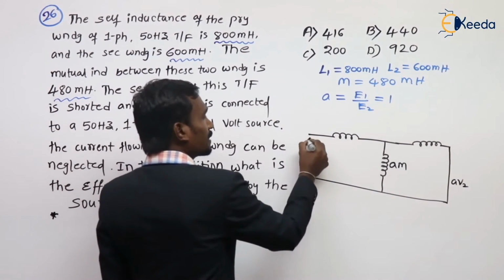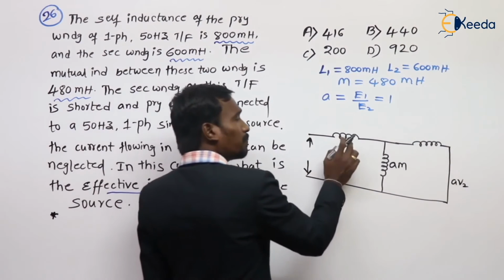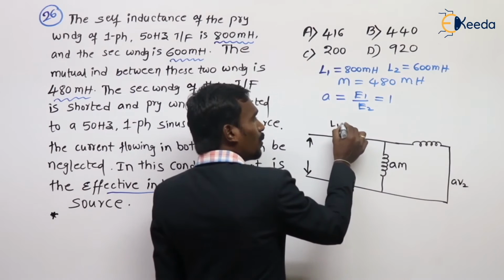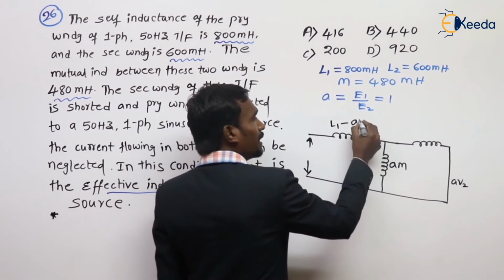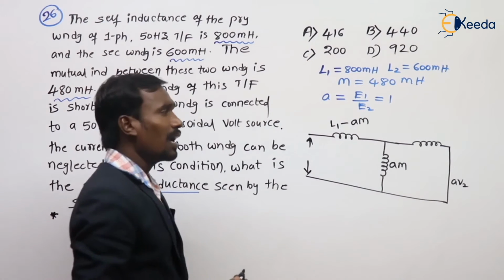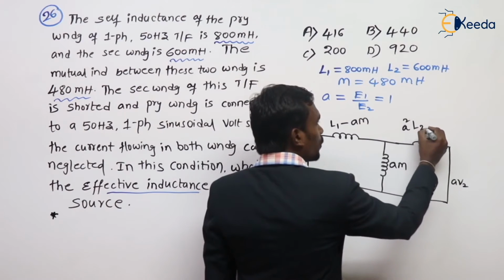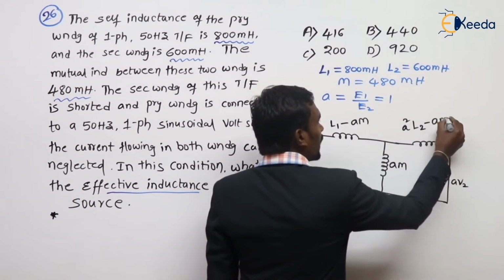And here the primary is connected to the supply voltage with a 50 Hz supply. And this primary winding inductance is L1 minus AM. And the secondary winding inductance is A square into L2 minus AM.